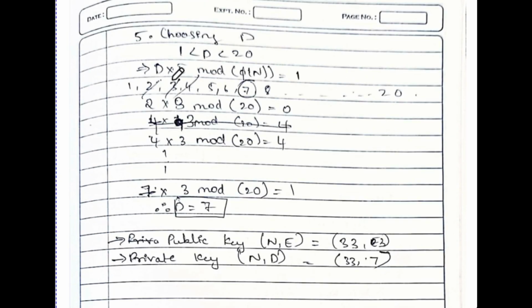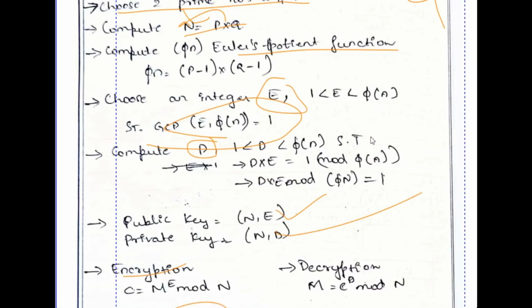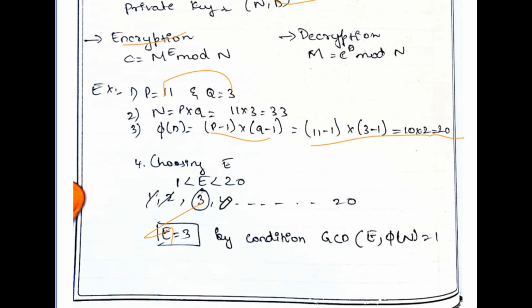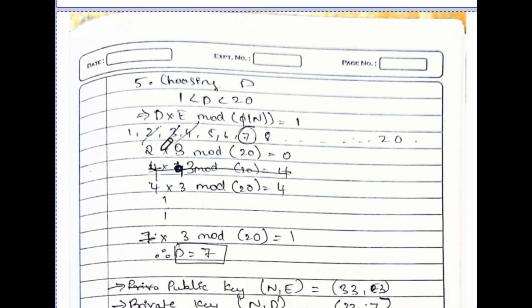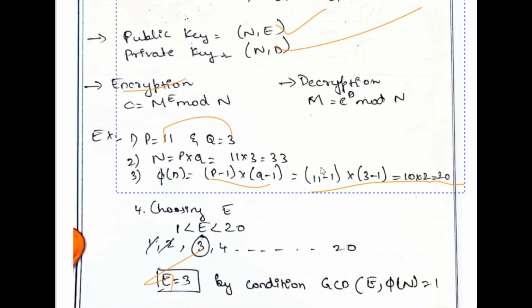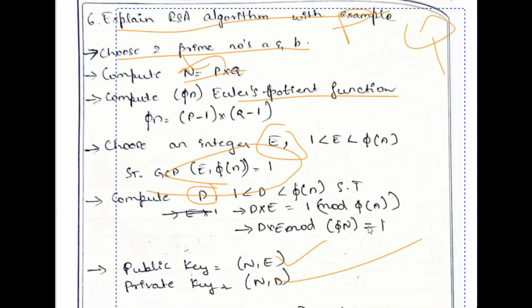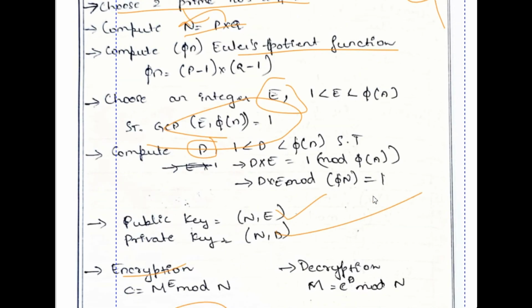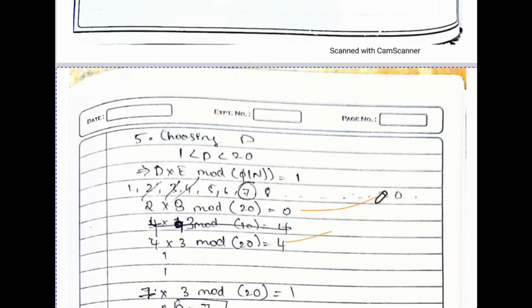So how do we do it? First we have to select D from 1 to 20. How did we get 20? We got 20 from phi n. Try 2 times E, where E is 3: 2 star 3 mod 20 is not equal to 1, so it is rejected. 4 star 3 mod 20 is equal to 12, which is also not right, because the result should be 1.